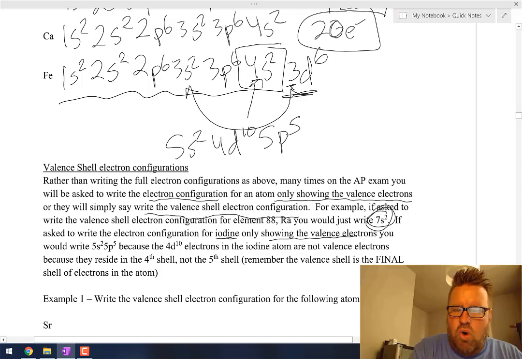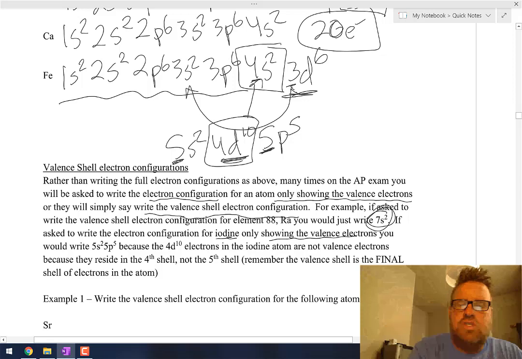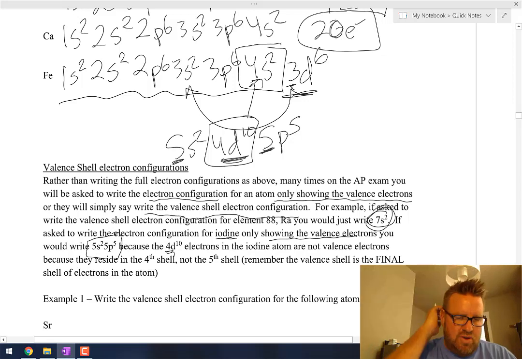But if they say only show the valence electrons, remember, it's whatever is in the very last shell. That's the fifth shell. These electrons are back in the fourth shell. So what would you write? You'd just write 5s2, 5p5, because again, those 4d electrons are in the fourth shell, not the fifth shell.